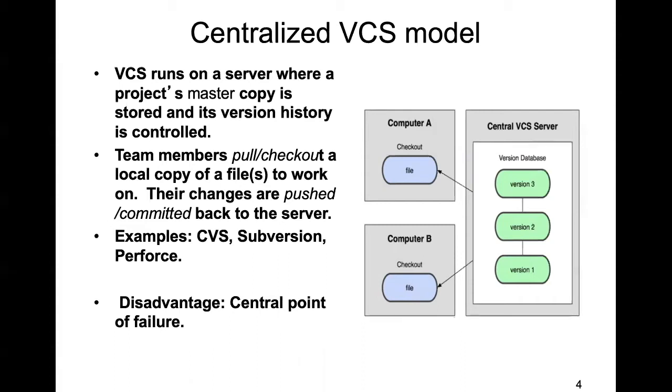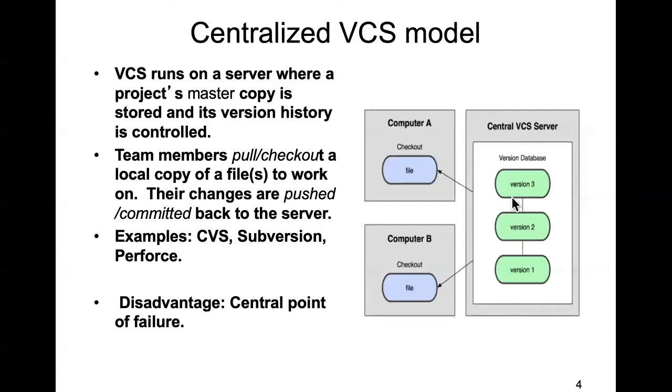And it has the master copy, if you like, of the project code base. And individual team members can get a copy of a particular file or maybe folder from the server, make the changes, and then push their updates back to the server.